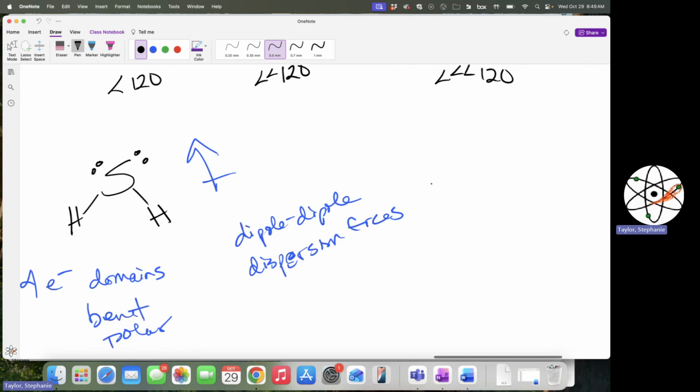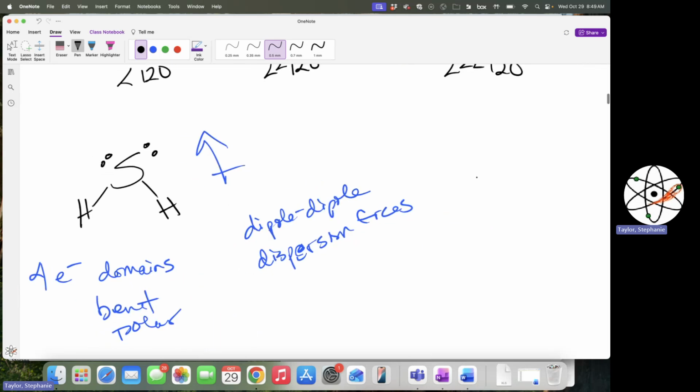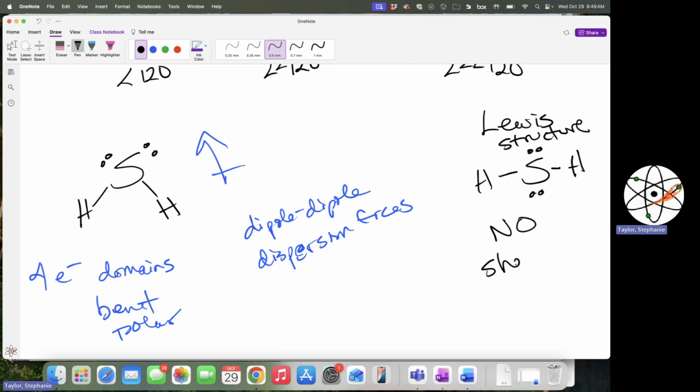Now, I've already mentioned, but this is a really good example of it, that Lewis structures can lie. If this is a Lewis structure, this is a Lewis structure of that same molecule. There is no shape information here. But it looks like there is, but there isn't.